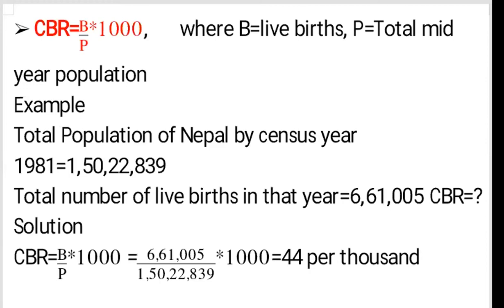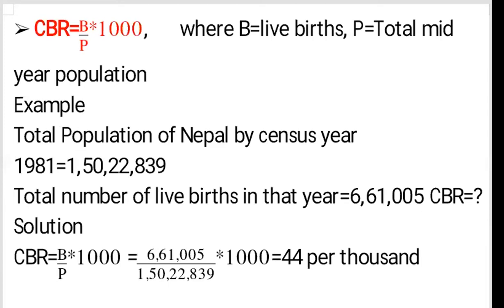44 per 1000. And my dear students, you have to remember per 1000 is the unit of CBR because CBR is calculated per 1000. So per 1000 means the unit. Always, after calculating, while you write down the answer of CBR, or maybe ASFR, there are different units.